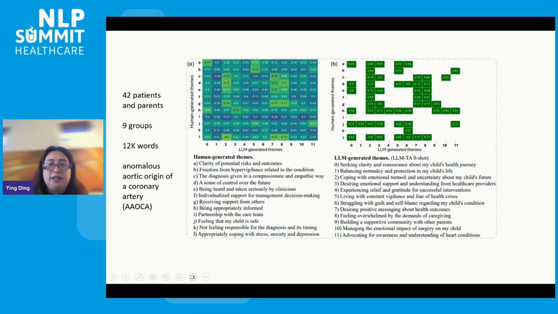So receiving support is the overlap, but the specificity level is different between human-generated themes and LM-generated themes. So we believe we can use a more agent-based system to make our LM-generated themes fit better to human-generated themes.